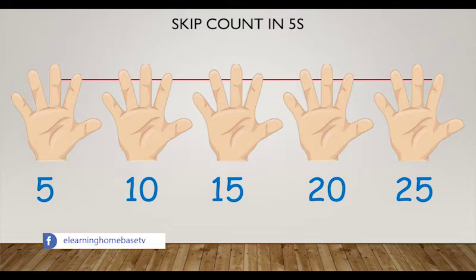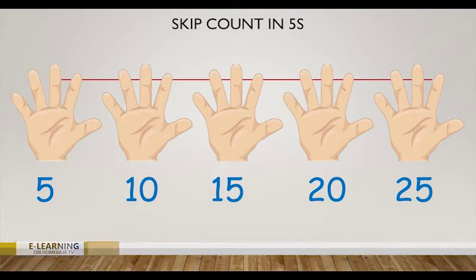Now, if you see your hands, you can see that there are 5 fingers on your hand. When you add the next one, you have 10 fingers on your hands. So when you are doing skip counting with 5, you are skipping numbers and counting the next 5.